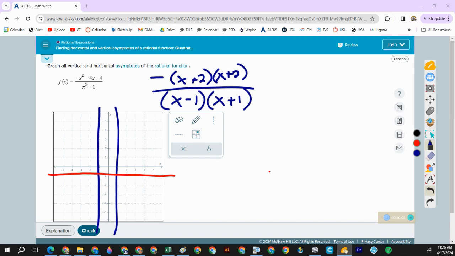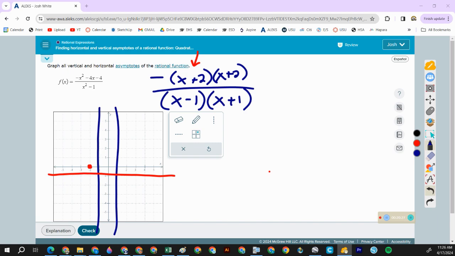Okay. What is this? It's a root, but it's actually a double root. Do you guys see that? So at -2, I have a root, but it's going to bounce. That's going to be a little weird. Okay.